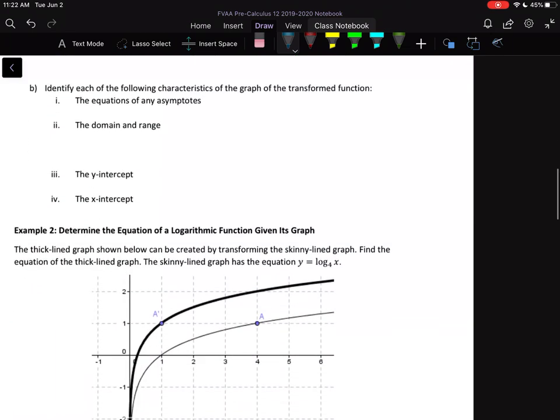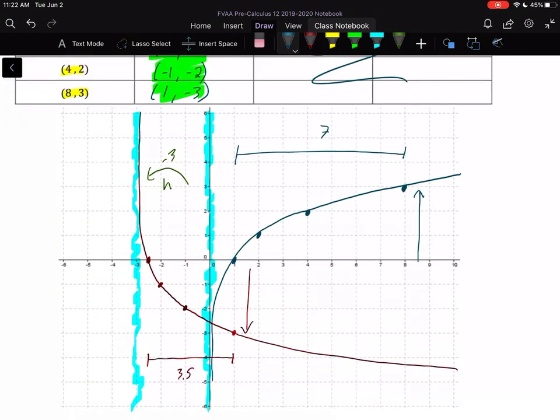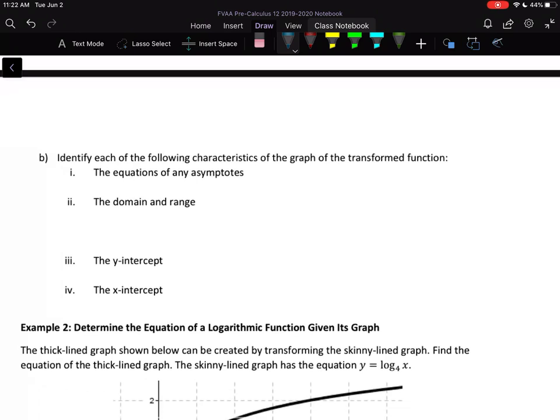So let's answer some of these questions here, based on the graph above, specifically the red line. Identify each of the following characteristics of the graph of the transformed function. The equation of any asymptote. So here we're just looking at the transformed function. So the equation of the asymptote is x is equal to negative 3.